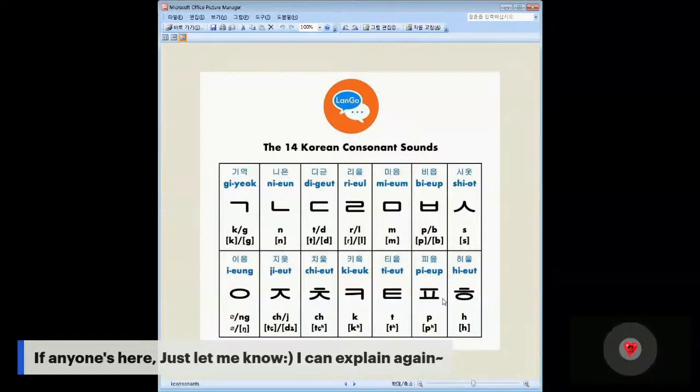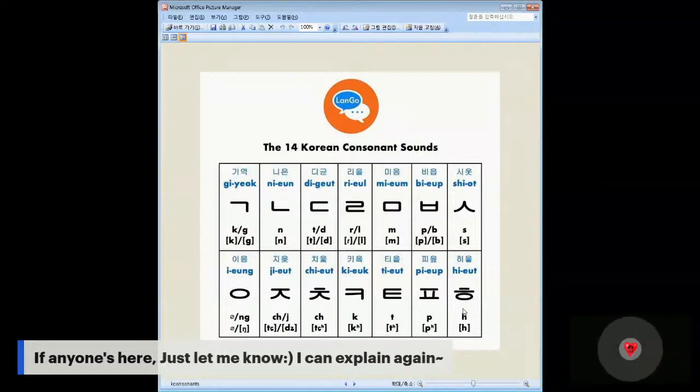And the rest of them: this one is 기역, and this one is more like a real K, 키읔. This one is 디귿. This is not very clear for English speakers, because it sounds somewhere between T and D, but 티읕 is pretty clear, more like T. Also, 비읍 is somewhere between P and B, but 피읍 definitely sounds more like P.